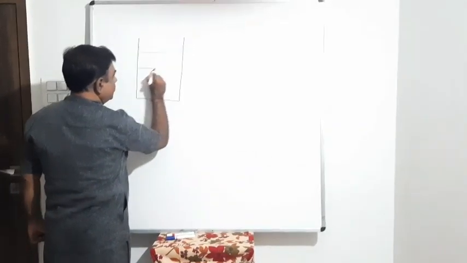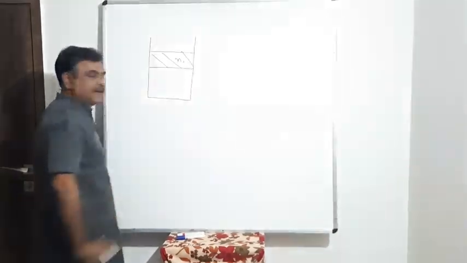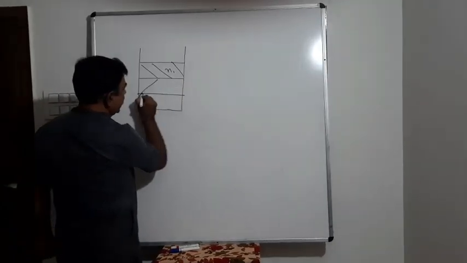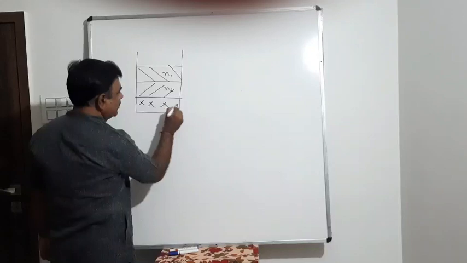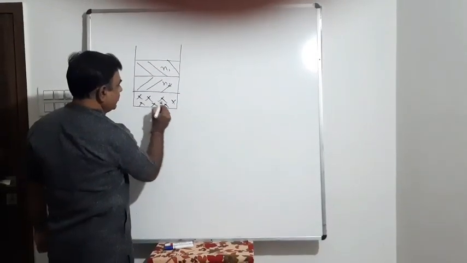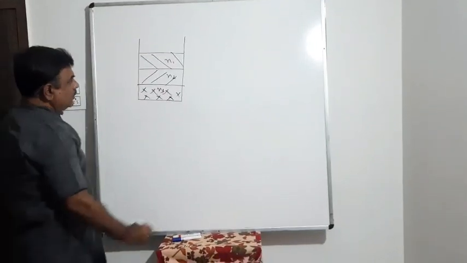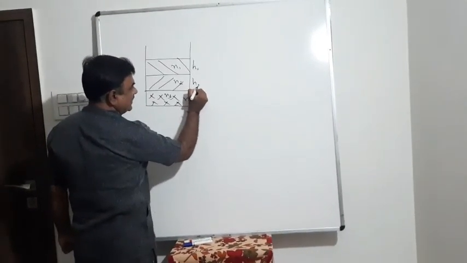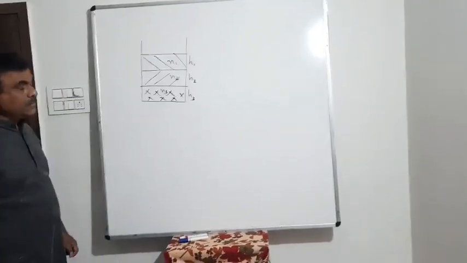The first medium has refractive index n1, the second medium has refractive index n2, and the third medium has refractive index n3. The height of the first medium is h1, second h2 and third is h3.